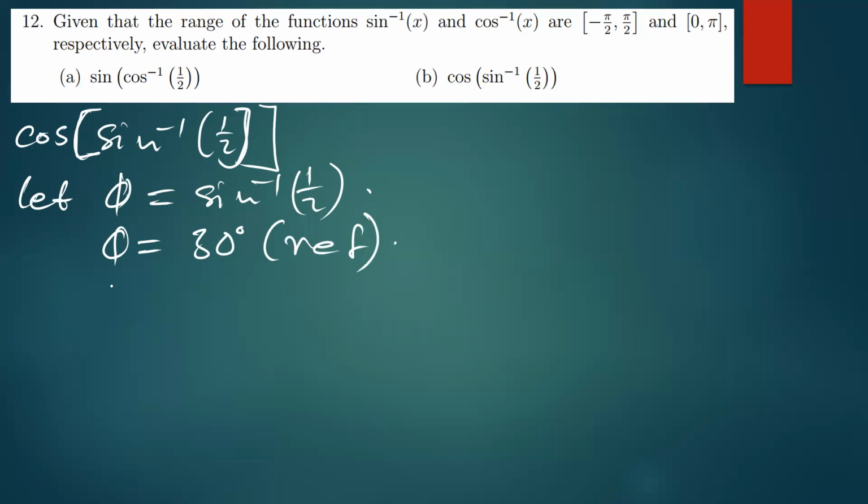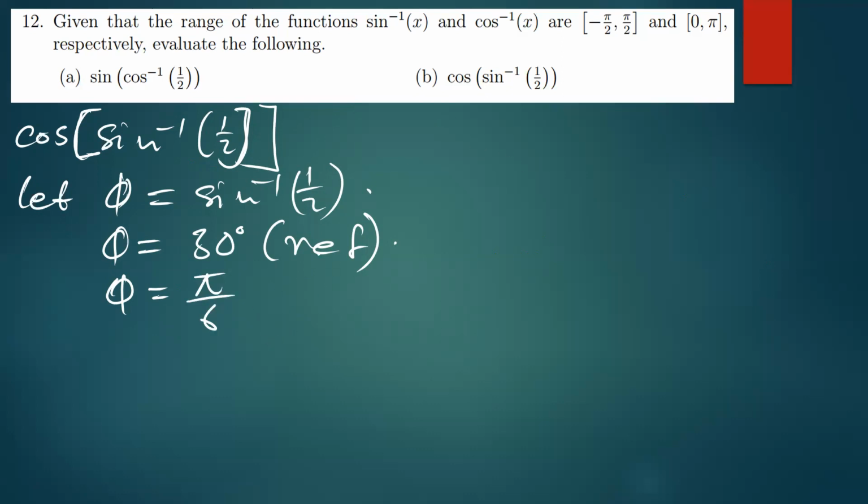30 degrees in radians is pi over 6, or 1/6 pi. It's just the same.